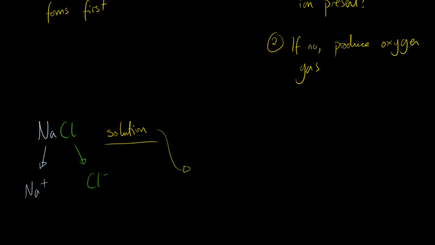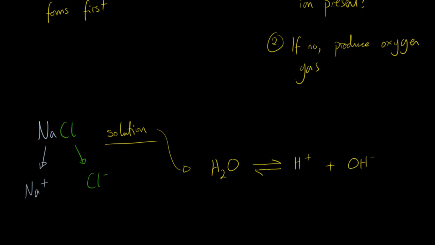But what about this solution bit? Well, the water itself, water ionizes slightly. So you know you've got your H2O. Well, that turns into H plus ions and OH minus ions. It's a reversible reaction. It goes forwards and backwards.